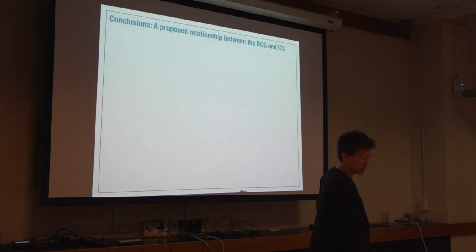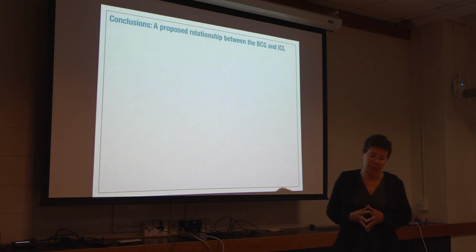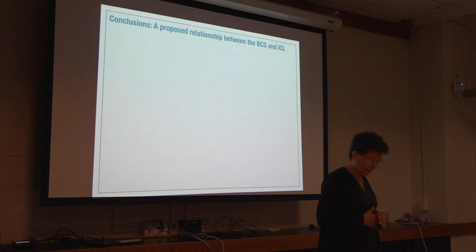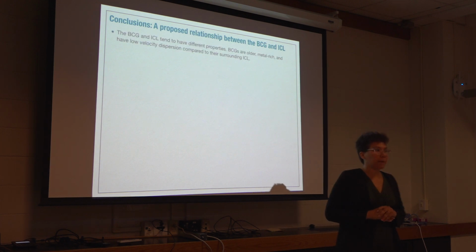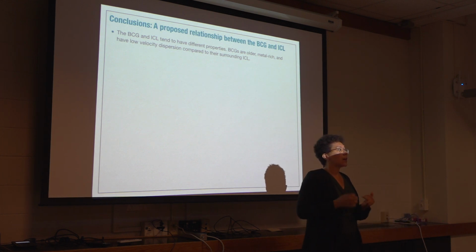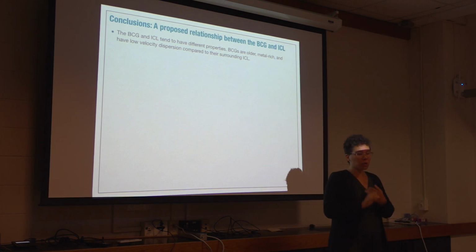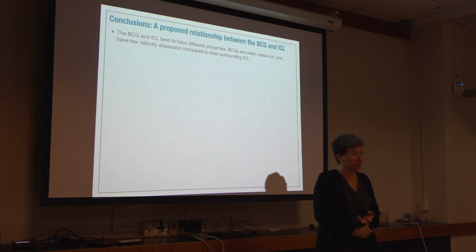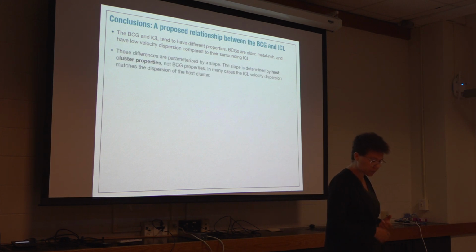So, a proposed relationship between the BCG and the ICL. The brightest cluster galaxy and the intercluster light tend to have different properties. Brightest cluster galaxies, their cores are older, they're more metal rich, and they have lower velocity dispersion compared to their surrounding ICL.